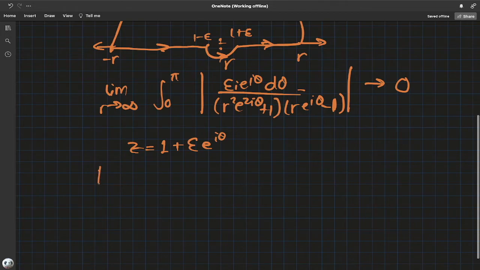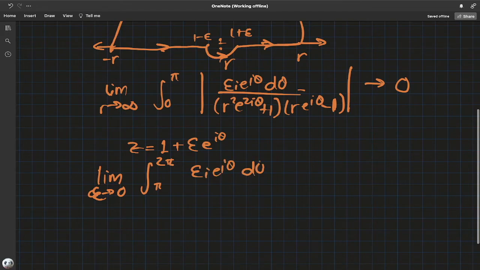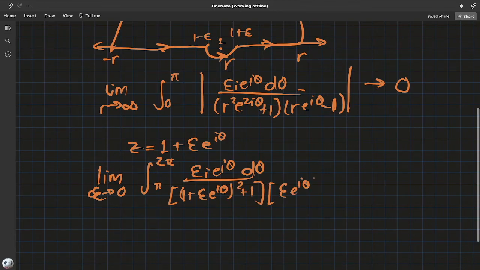Limit as epsilon goes to 0, because we need that. That's our principal part condition to make sense of all this. Epsilon i e to the i theta d theta divided by (1 plus epsilon e to the i theta) squared plus 1, times epsilon e to the i theta.